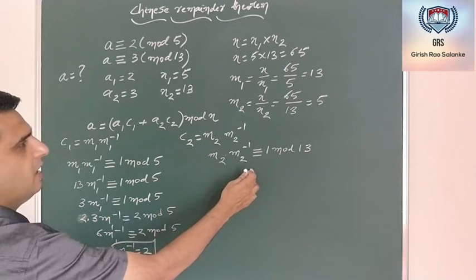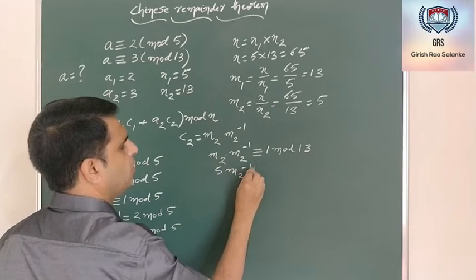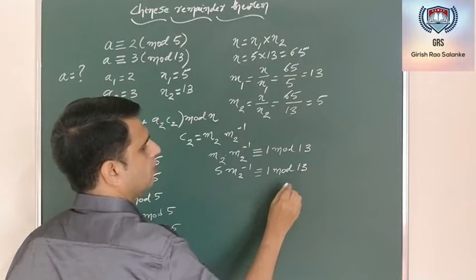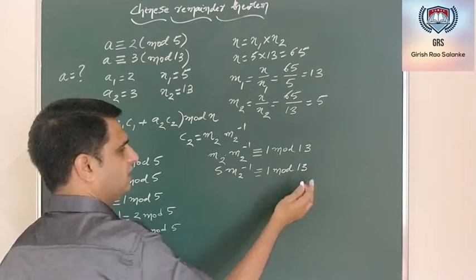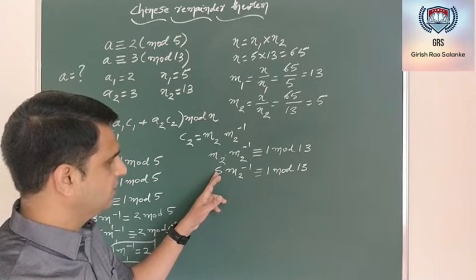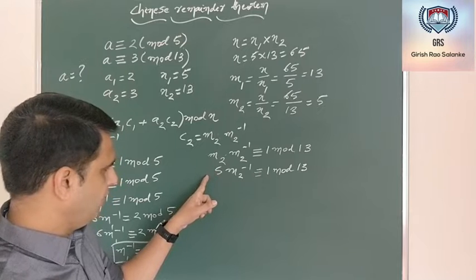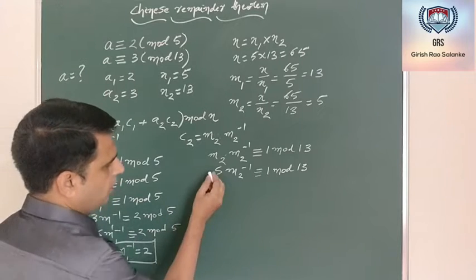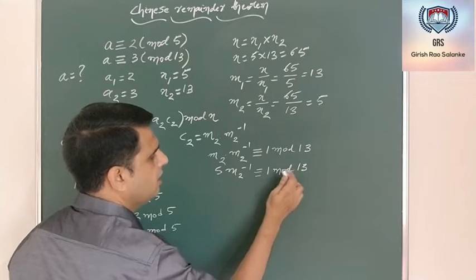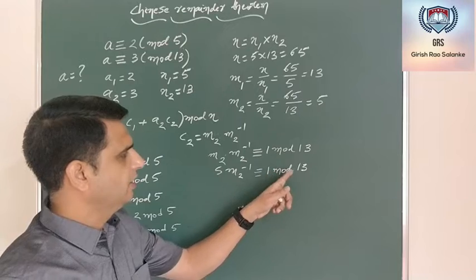Now similarly here, what is M2? M2 is 5, so 5 M2 inverse congruent to 1 mod 13. 5 is lesser than 13, no need to reduce it further. Now I need to multiply this with an integer such that when I perform the new integer multiplied by 5 mod 13, I should get the remainder as 1.